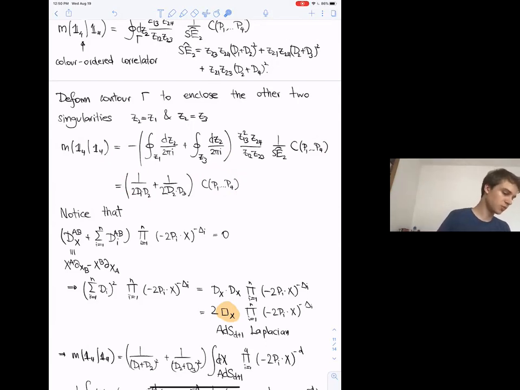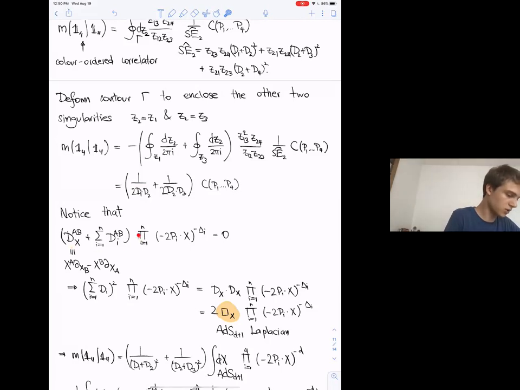And from this point on, it's pretty straightforward to see that this is the same thing as doing Witten diagrams. Because first of all, these were derivatives with respect to the boundary coordinate. To connect to Witten diagrams, we want derivatives with respect to the bulk coordinate.